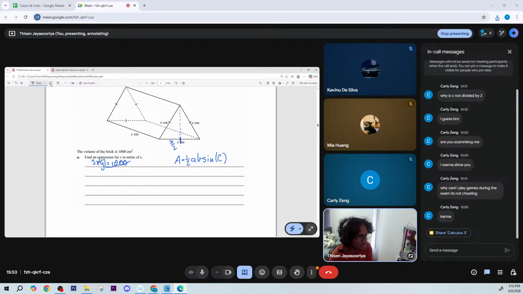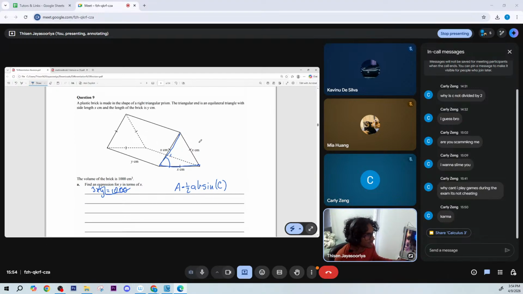So essentially what AB sine of C means is that if we know 2 side lengths connecting to each other, and we also know the angle between these two, which is going to be, what's the angle between these two, Mia? What prompt in the stimulus tells you what the angle between the two is?